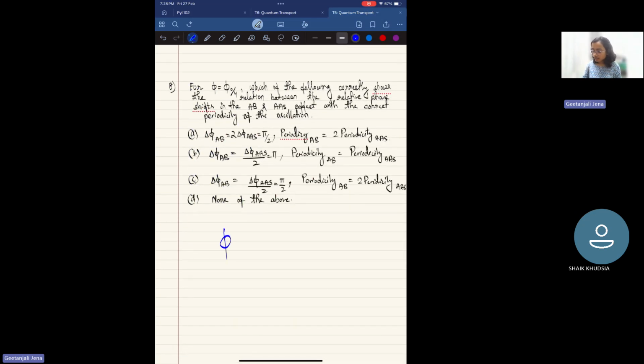Okay, question number 8. For phi equal to phi 0 by 4, which of the following correctly shows the relation between the relative phase shift in the AB effect and in the ASS effect?